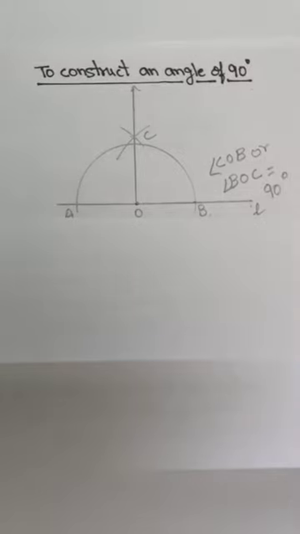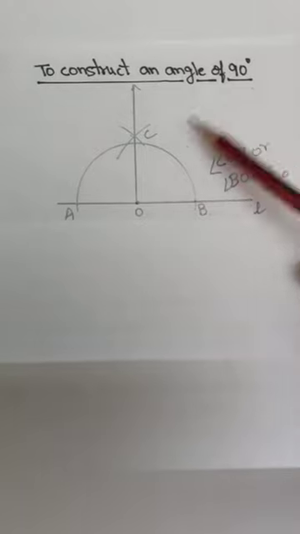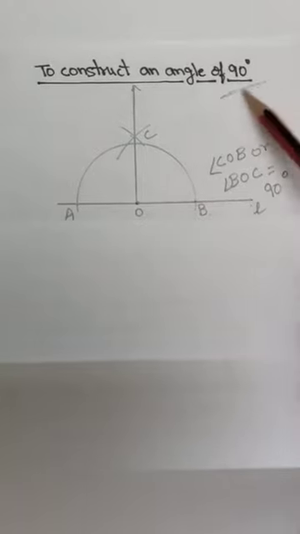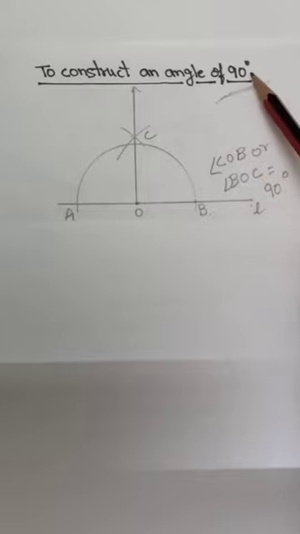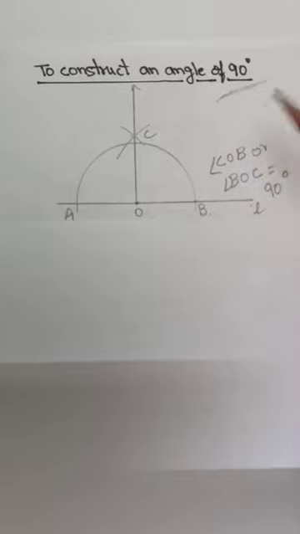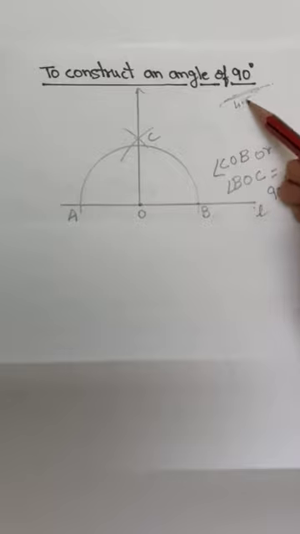So whenever we have to make the angle bisector, we will open our compass more than half of the given 2 points. In the same way, when we have drawn the 90 degree angle, we can make half of it also. What is the half of 90 degree? 45 degree.